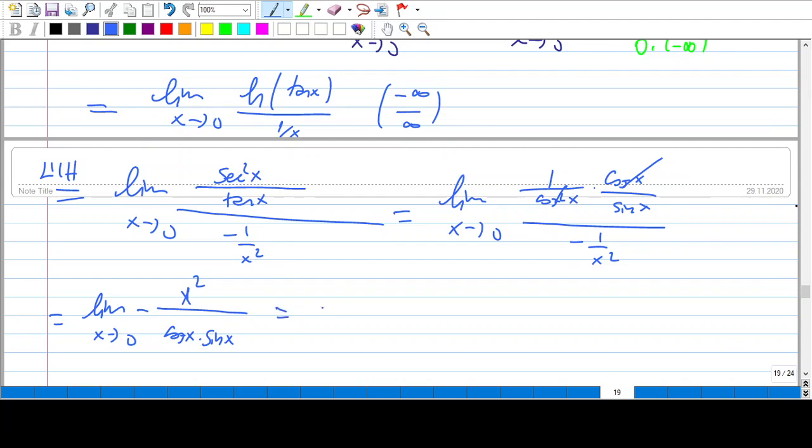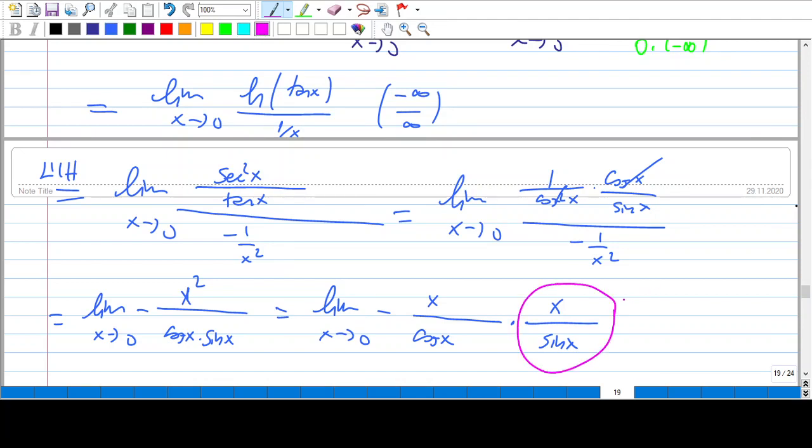We can see it in this form: limit x to 0 of minus x over cosine x times x over sine x. The second term here, this limit will be 1 as x approaches 0, and cosine 0 is 1, but the first term is approaching 0, so the result will be 0.